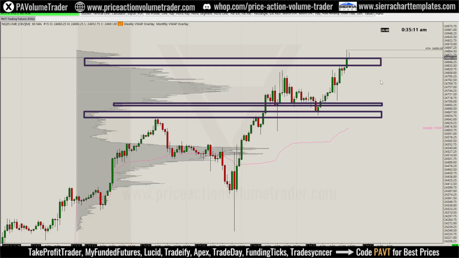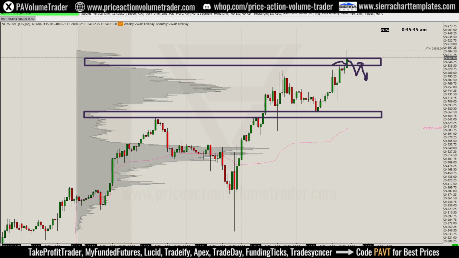Okay? But coming back, if we have a strong close through here, then I would expect some kind of back test and rejection to move, first point of control, which is right around there. And then beyond that, let me erase this.